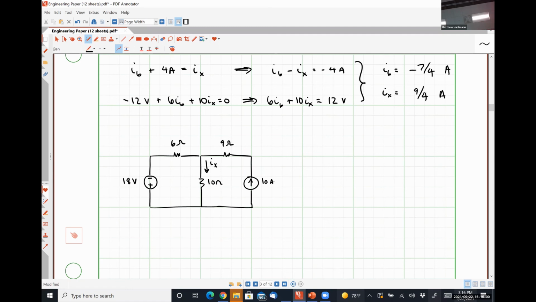So what should my expectation of my output be? When I had 6 volts by itself, I had 3/8 of an amp, right?